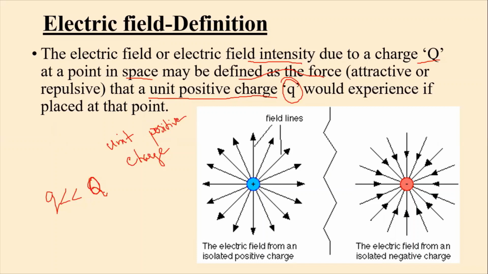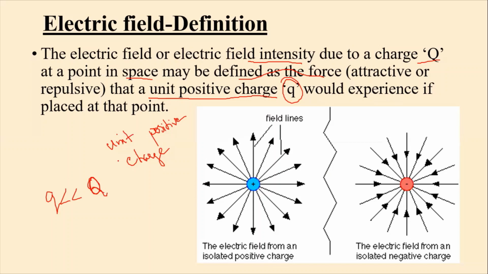That is an example taken to explain unit positive charge. Unit positive charge means it is a very, very small charge. When you bring it near capital Q, there is a force experienced, but there is no impact on the charge that is producing the force.